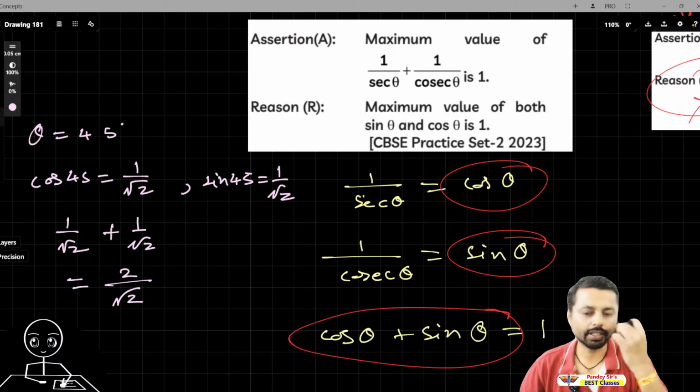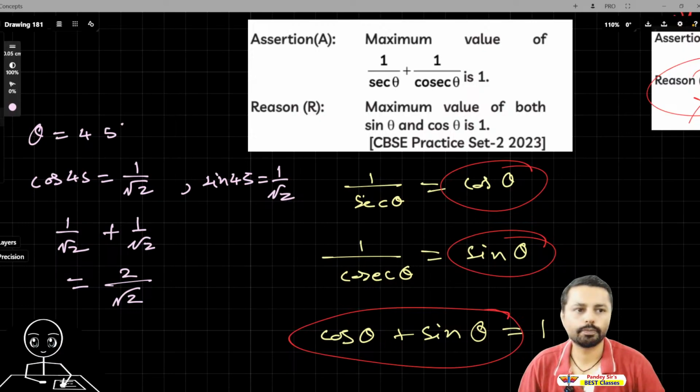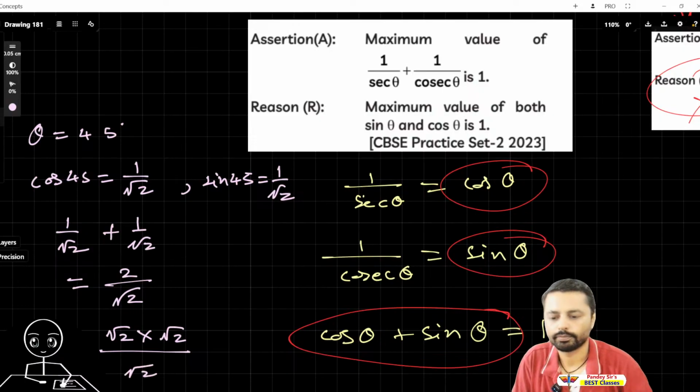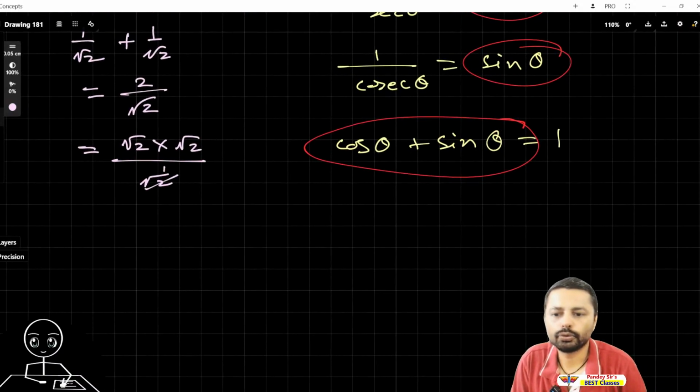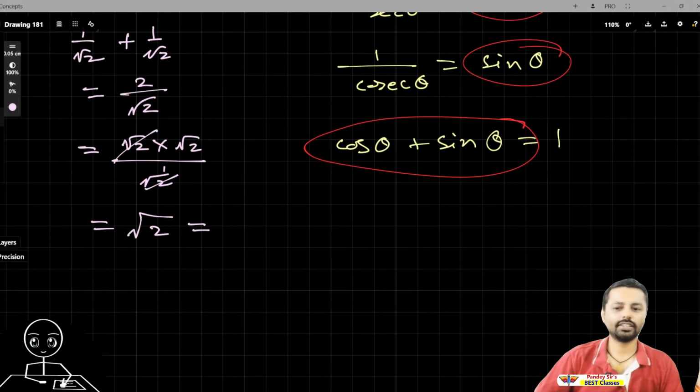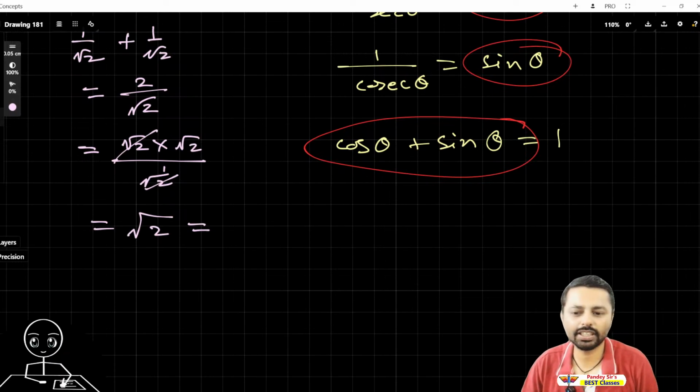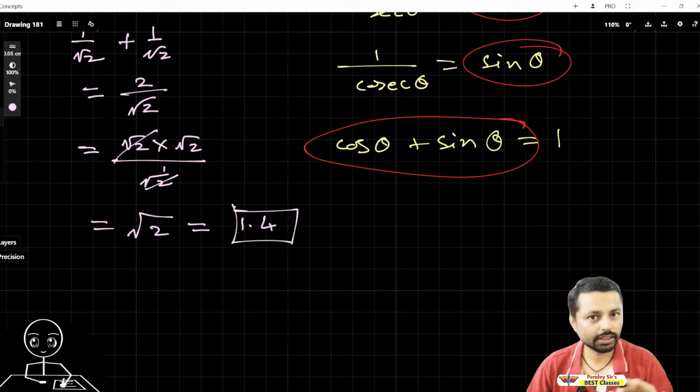And 2 by root 2 will become root 2 itself. This 2 can be written as root 2 into root 2, whole by root 2. Root 2 cancels, we get root 2, which is approximately 1.414, but let's consider 1.4. Is it just 1? Isn't it bigger than 1?